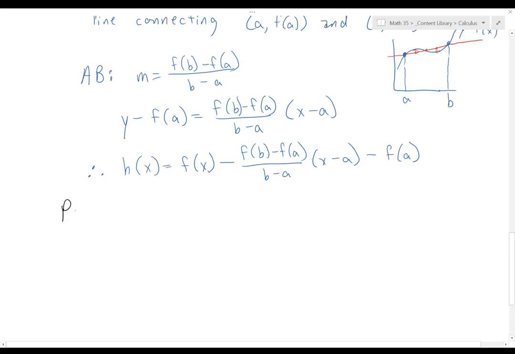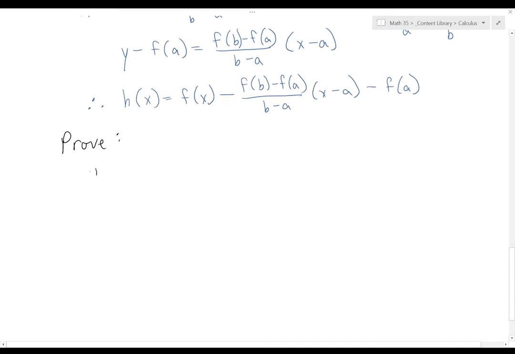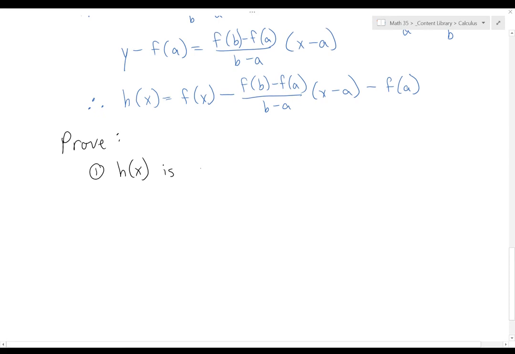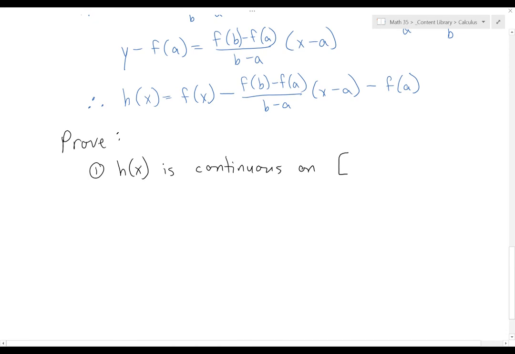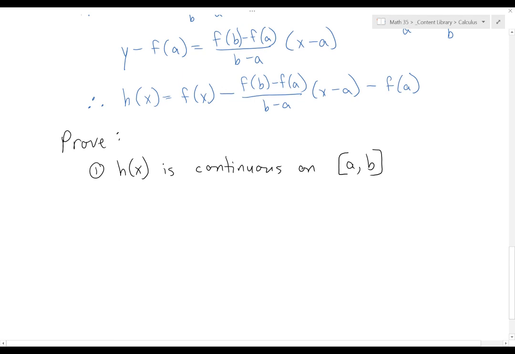To prove this, we're going to consider h of x. We're going to consider that h of x is continuous on the interval a to b. It's continuous because it is the difference between f of x and a linear polynomial, and they both exist everywhere.